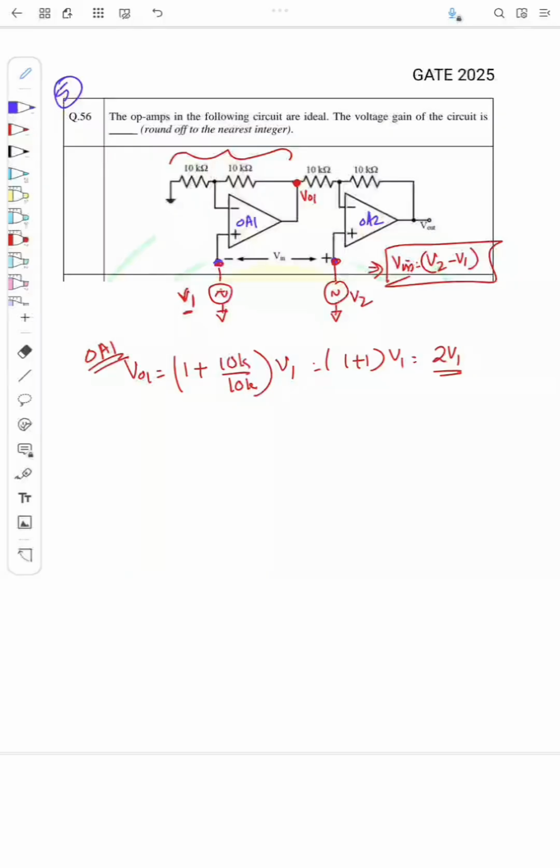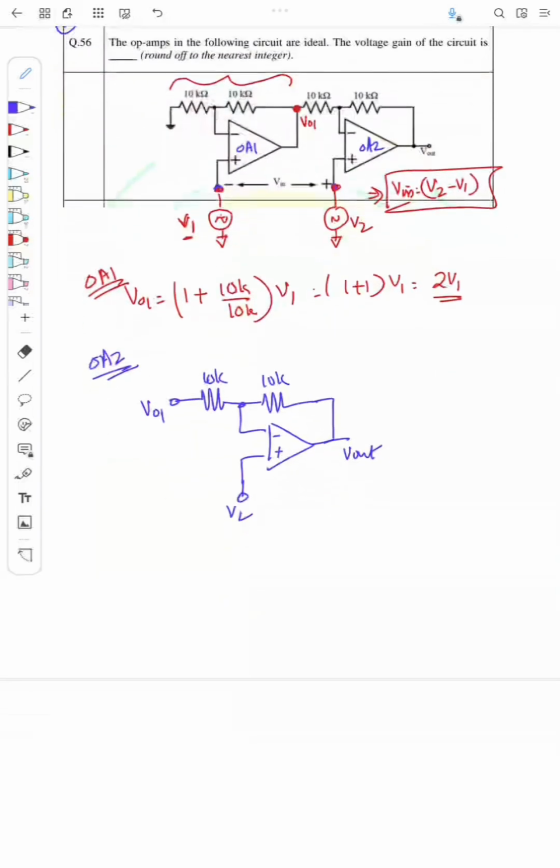Now we'll see what happens at the output of OA2. So here, if I draw, the circuit is like this. Here V2 and here it is Vout, and this is VO1, with 10K, 10K. So what is Vout here now?